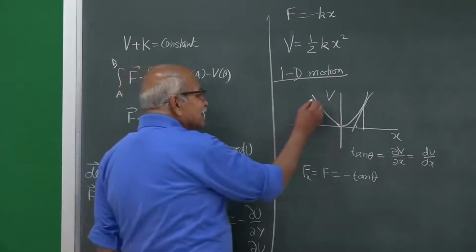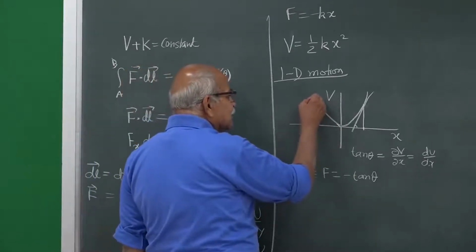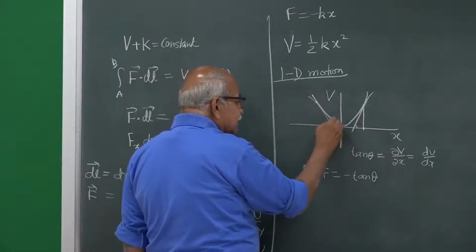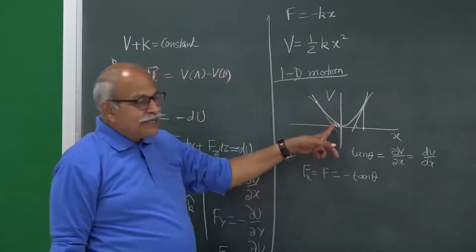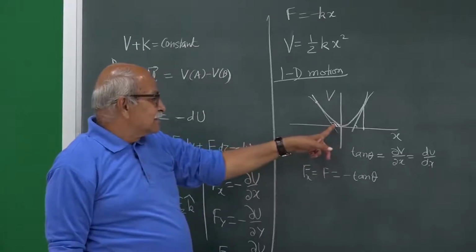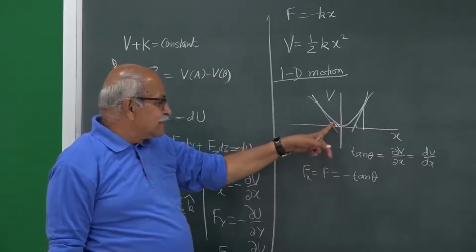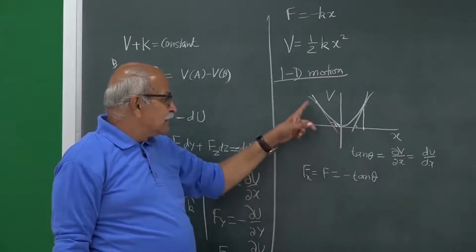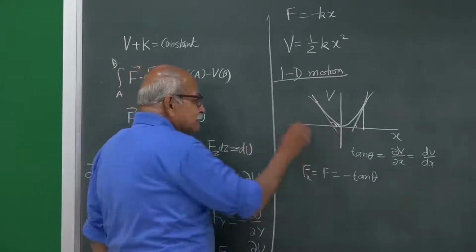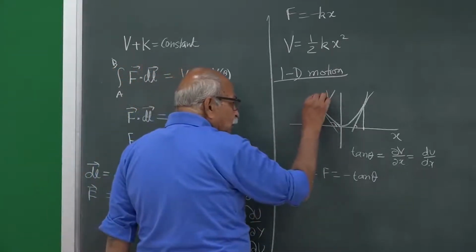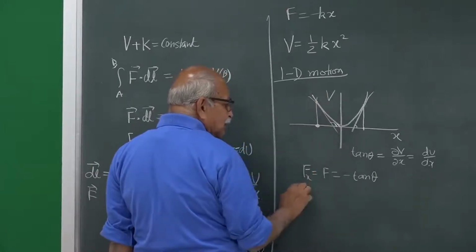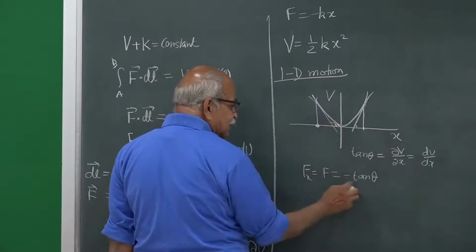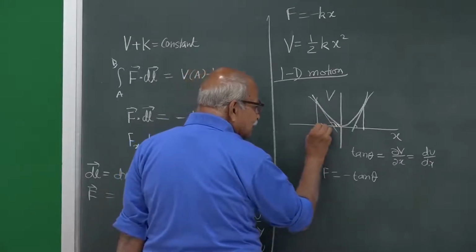Whereas, if the particle is here and if you draw the tangent, then the angle is more than 90 degrees, an obtuse angle, and the value of tan theta will be negative. So, if the particle is somewhere here, then tan theta is negative, force is positive. So, force is in this direction.